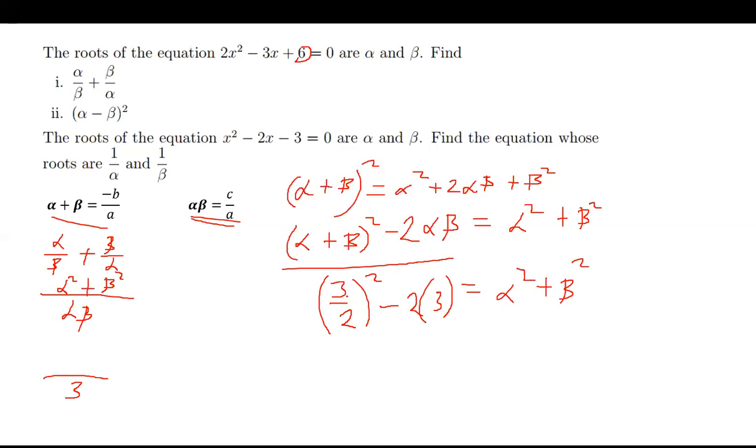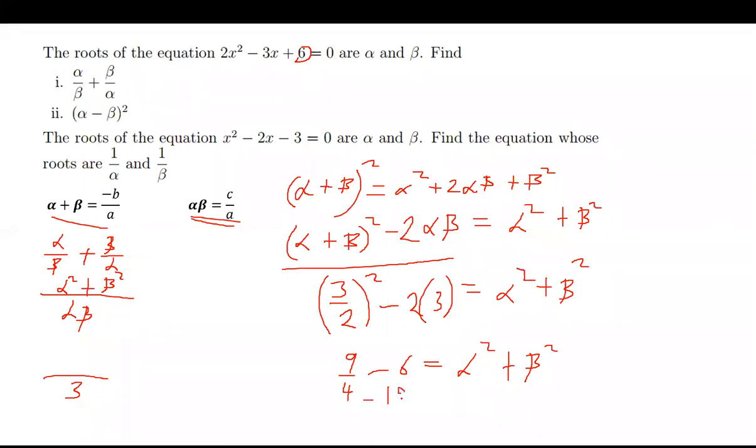So when you square the 3 there, you get 9. When you square 2, you get 4. And then minus 6. So this is alpha squared plus beta squared. So this is 24, 9, which gives you some around, is it 15 over something? Yeah, I think negative 15 over 4.